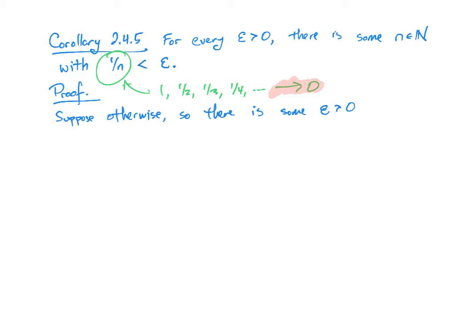What that means is that there's some epsilon greater than 0 that is a lower bound on the set of reciprocals of natural numbers.